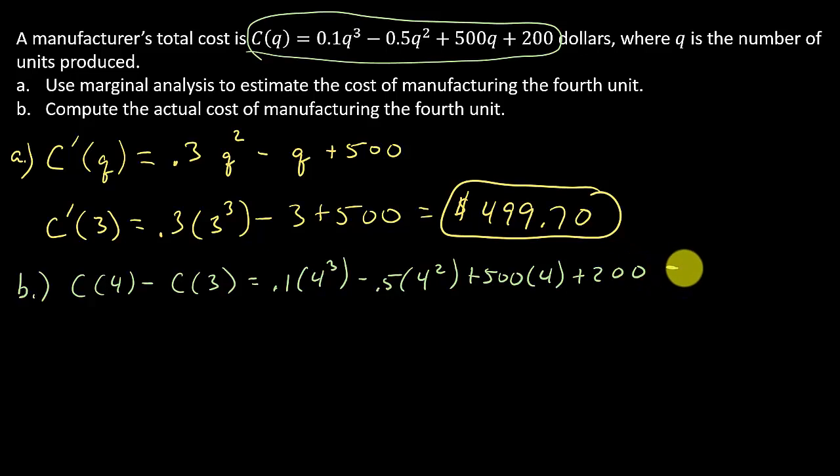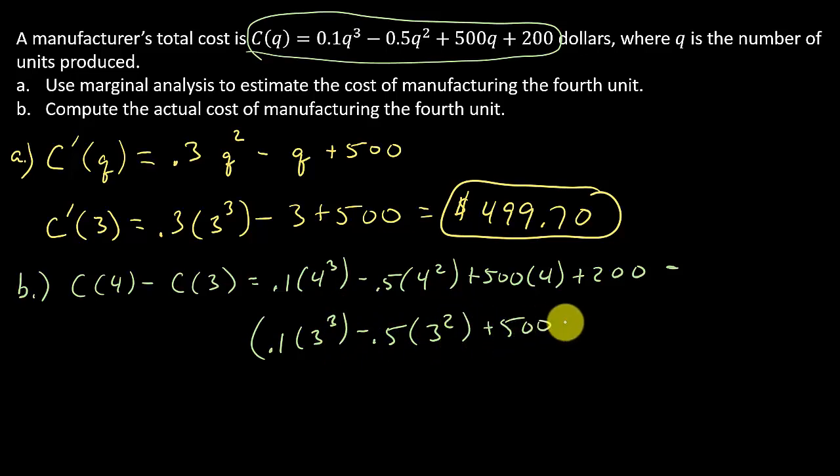And then that's going to be minus, and when you do the minus, you've got to make sure this last part is all in parentheses because it's minus the whole thing. So that's going to be 0.1 times 3 cubed minus 0.5 times 3 squared plus 500 times 3 plus 200.